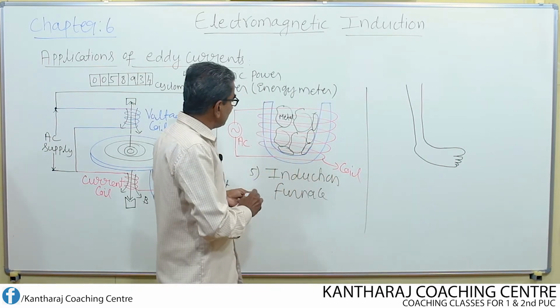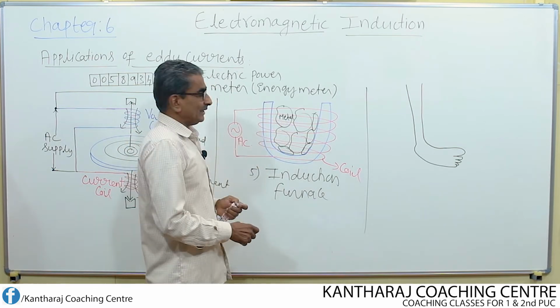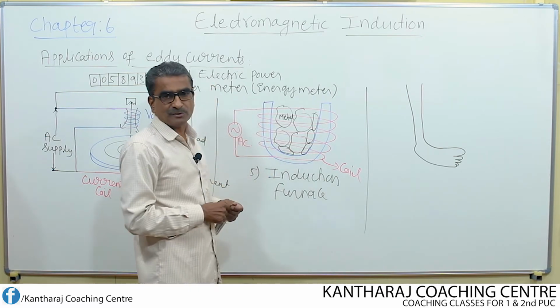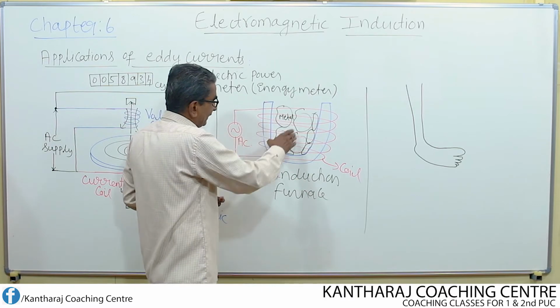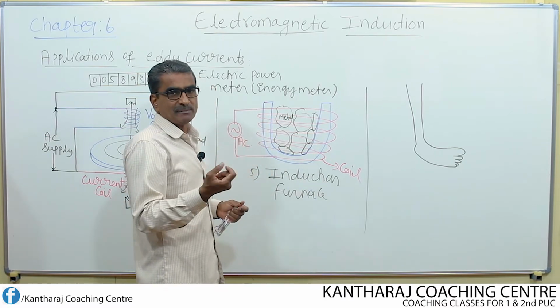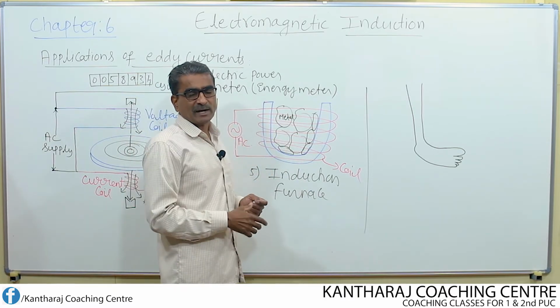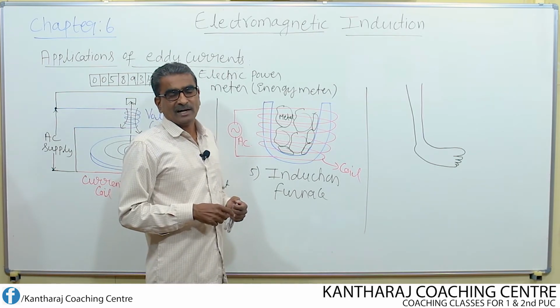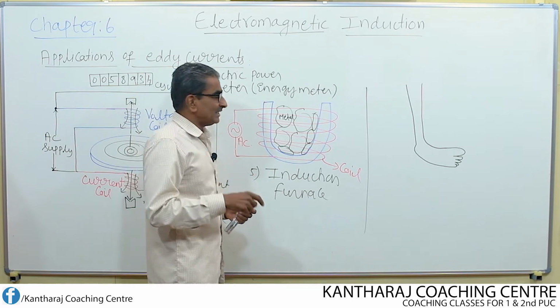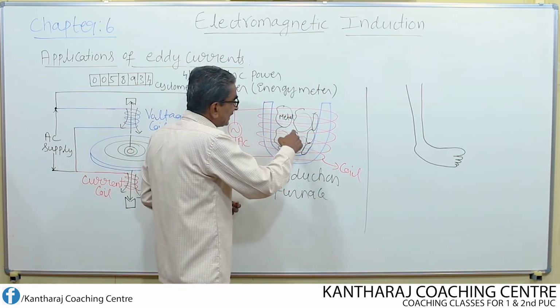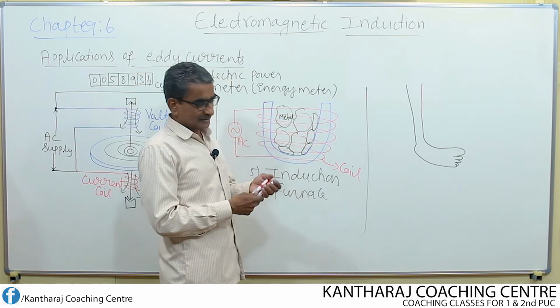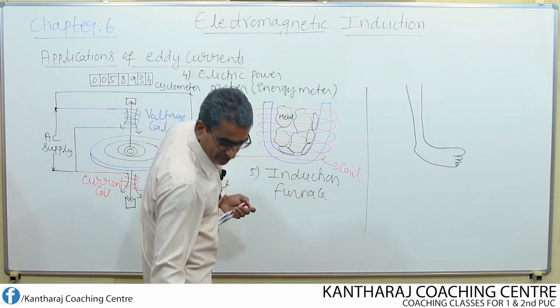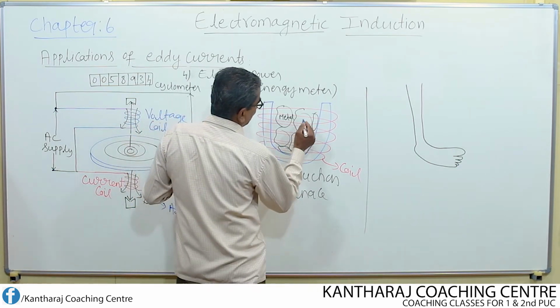Now, when high frequency AC is passed through the coil, a magnetic field is produced inside the coil. Once the changing magnetic field is produced, this changing magnetic field always induces an EMF. And this EMF in turn induces eddy currents in the metals. So, eddy currents are induced in the metal like this.